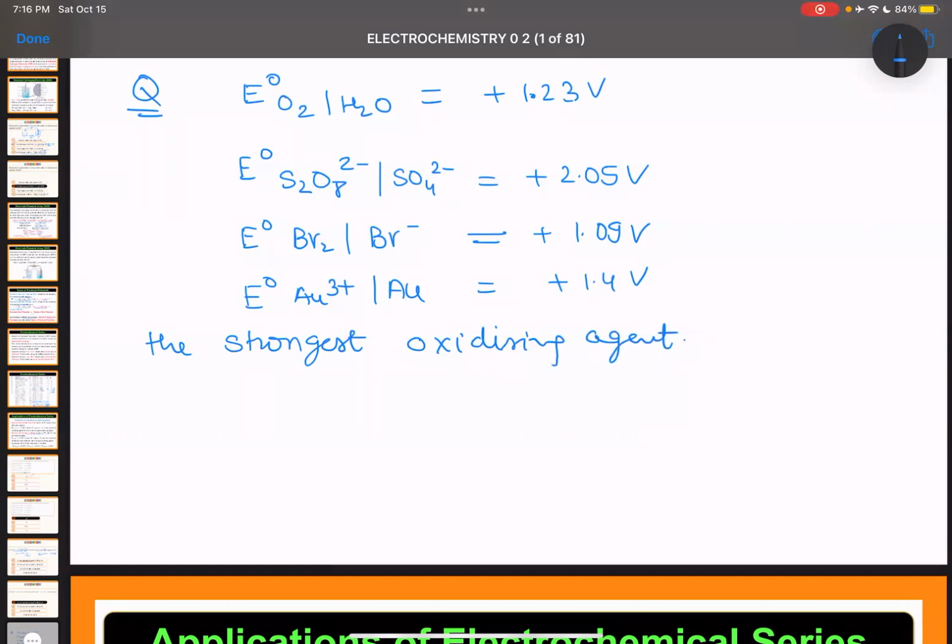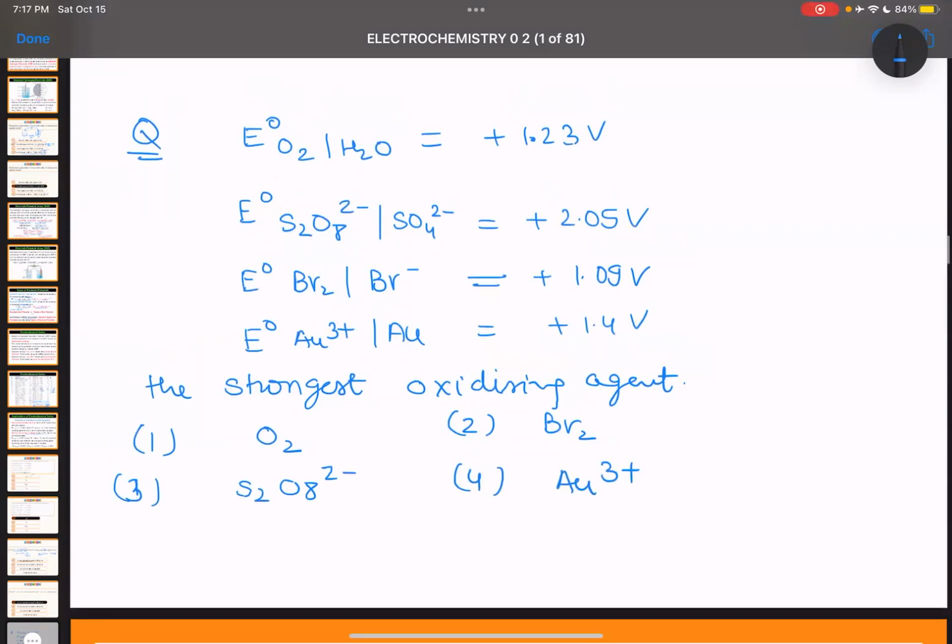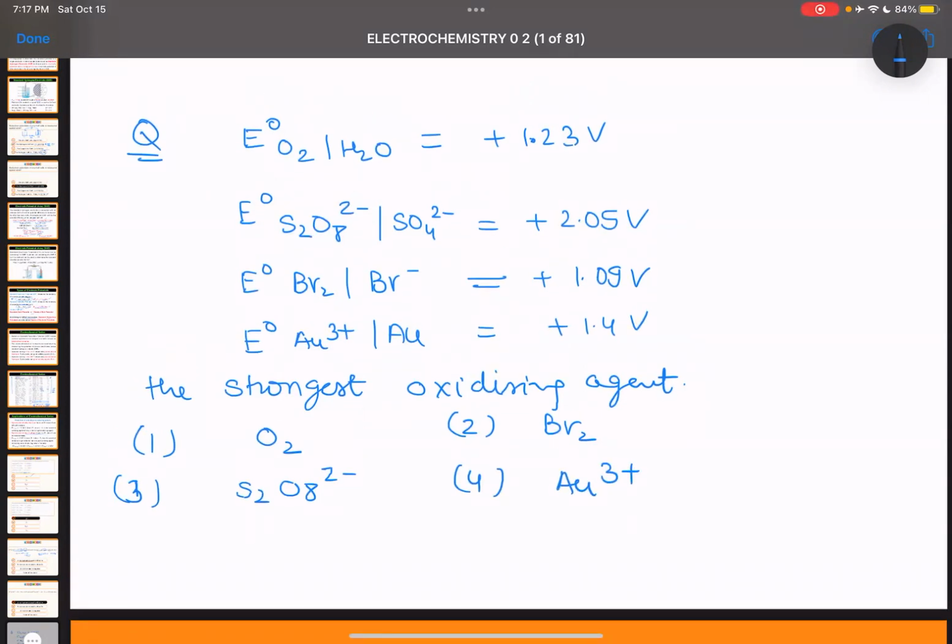So who is the strongest oxidizing agent? Option 3.